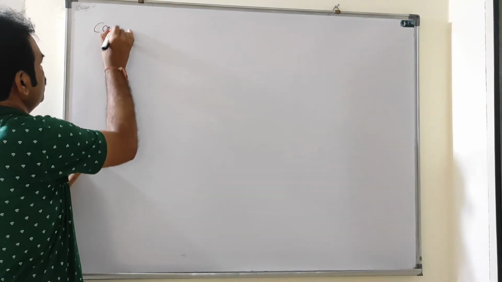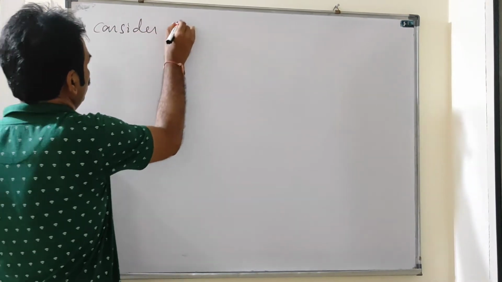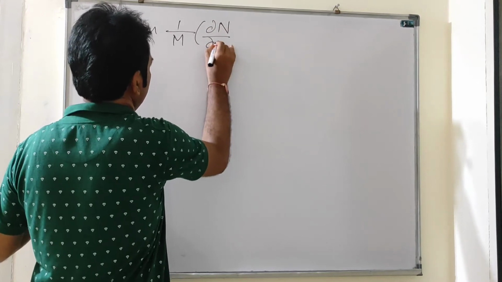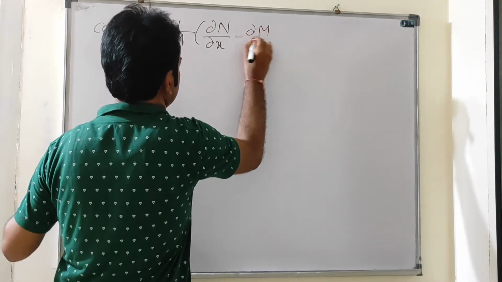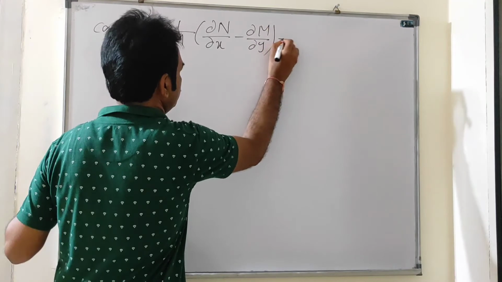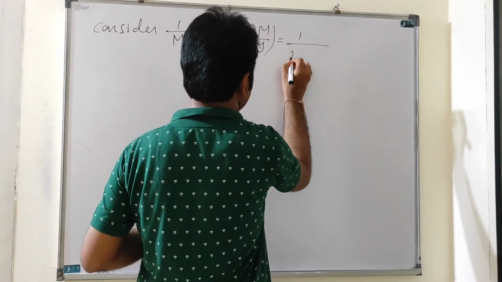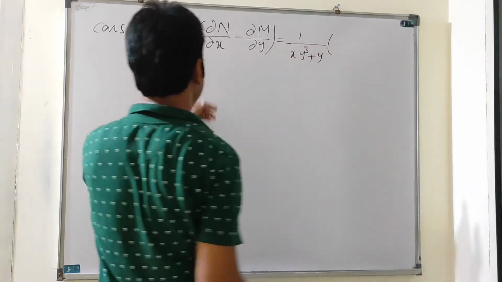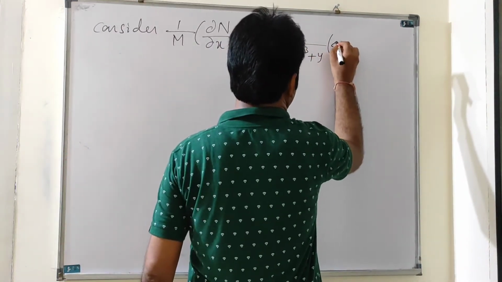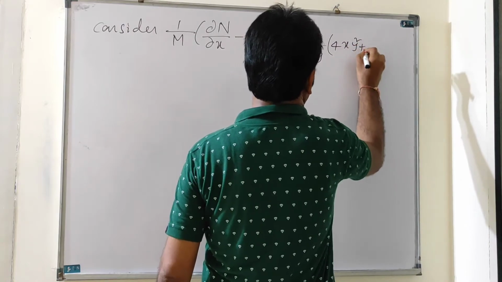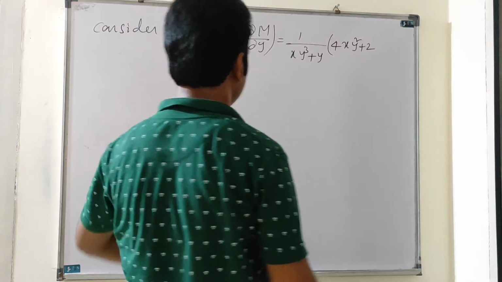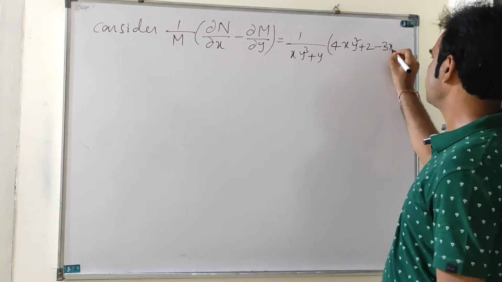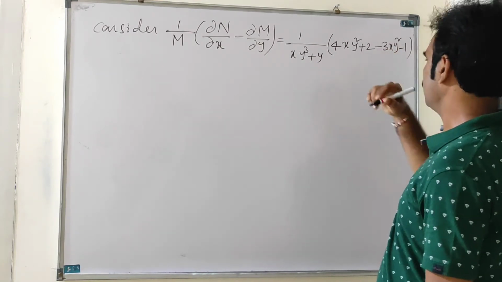Now consider 1 by M into (dou N by dou x minus dou M by dou y). That is equal to 1 by (x y cube plus y) times (4x y square plus 2 minus 3x y square minus 1).